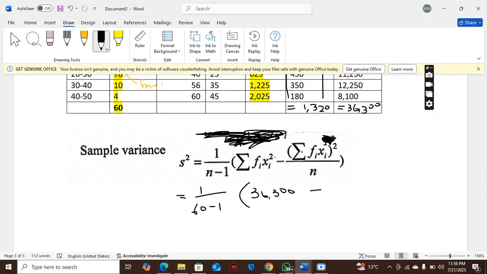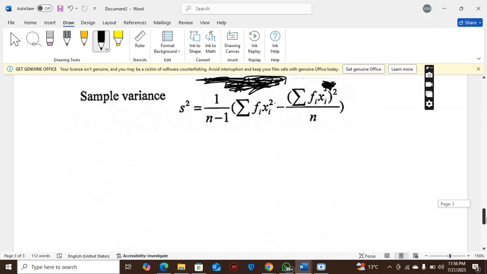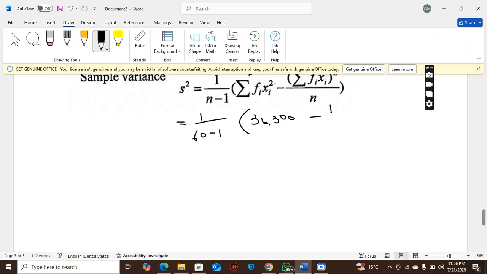Minus summation of f times x, this 1,320, we square it. Divided by 60.